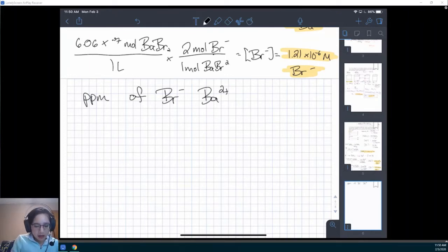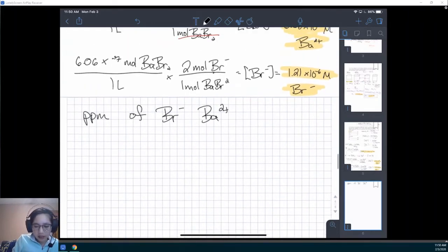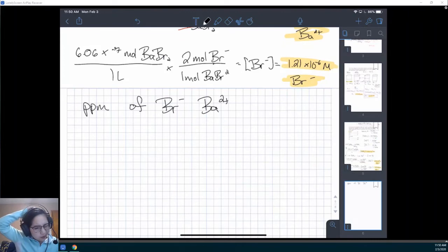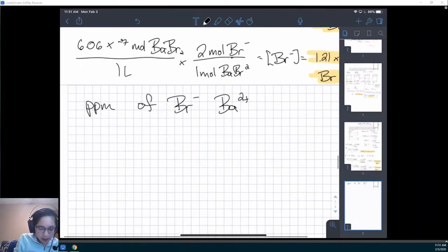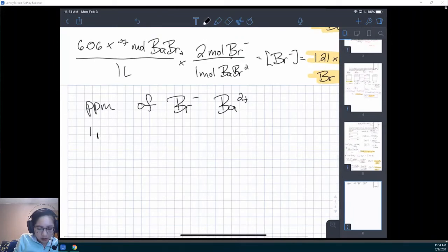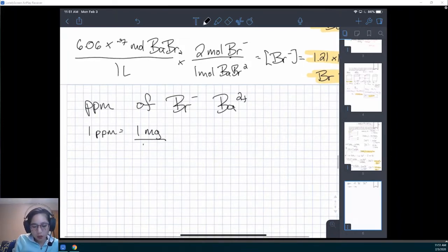So ppm just means, in a solution where the density is 1, 1 ppm is equal to 1 milligram of substance over 1 liter of solution.